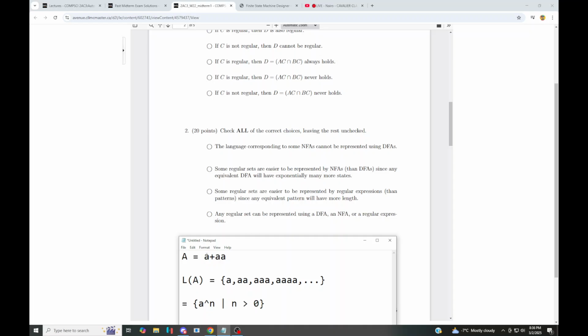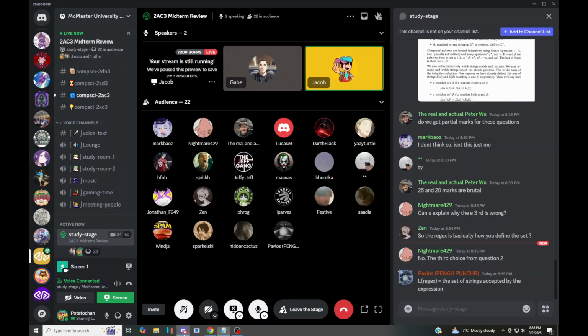If you have all the same symbols available plus more, there's no reason any equivalent pattern would have to be longer. They should all be the same length or potentially shorter. There's no reason a pattern would have to be longer than a regular expression that represents the same set.